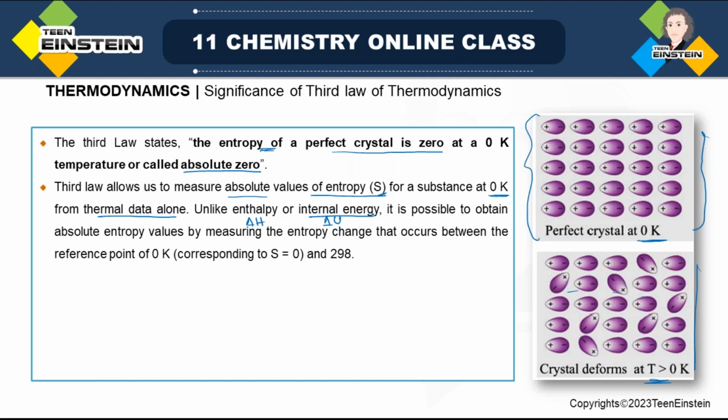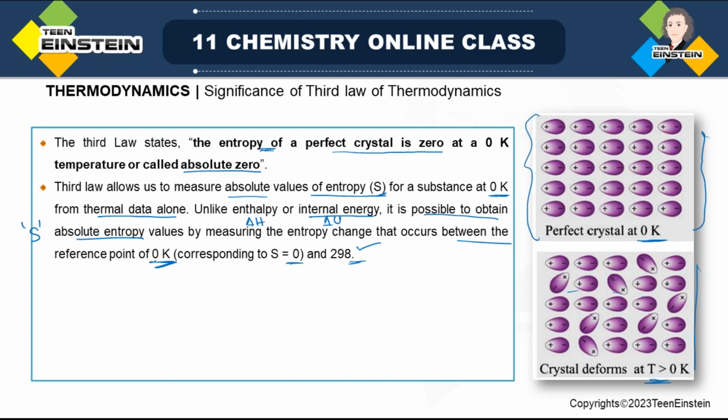But unlike enthalpy and internal energy, it is possible to obtain absolute entropy, that is S, by measuring entropy change that occurs between the reference point of 0 K, where it is 0, and suppose another temperature, 298. One is suppose 298 Kelvin, that is 25 degrees centigrade, and you are also doing it at 0 Kelvin.